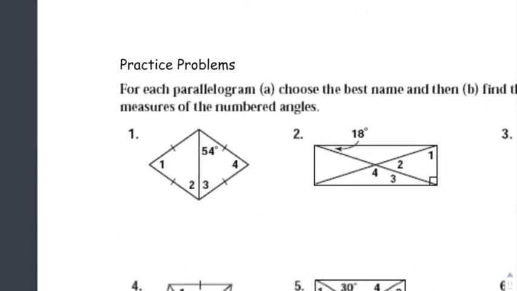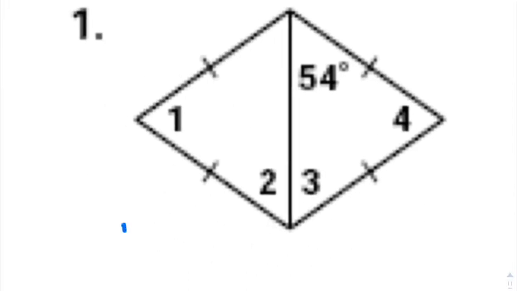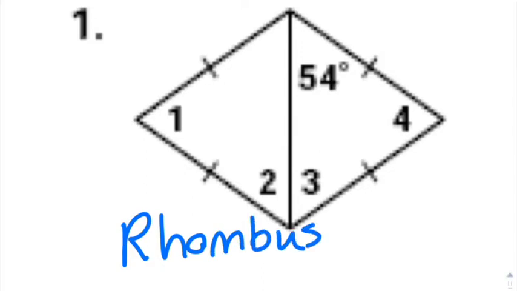All right, based off of the parallelogram, choose the best name and then find the measures of the numbered angles. All right, so right now I see 4 congruent sides, so I know right away that this has got to be a rhombus. And if this is a rhombus, remember opposite angles are not only congruent, they're bisected. So I can put 54 there. So that means you're going to put 54 for 2 and 3.